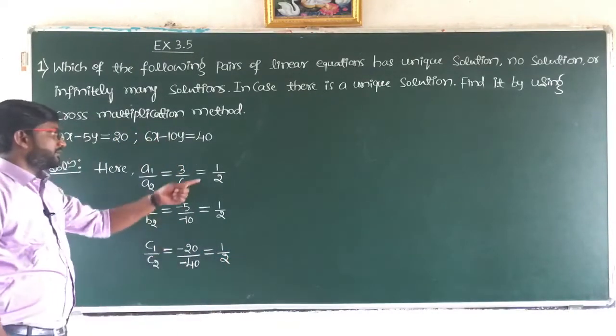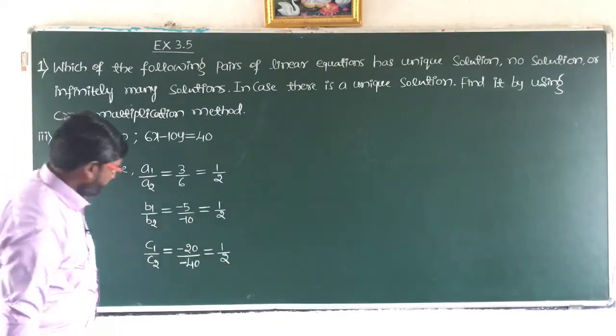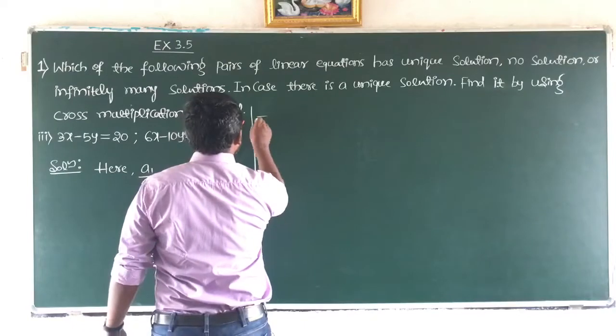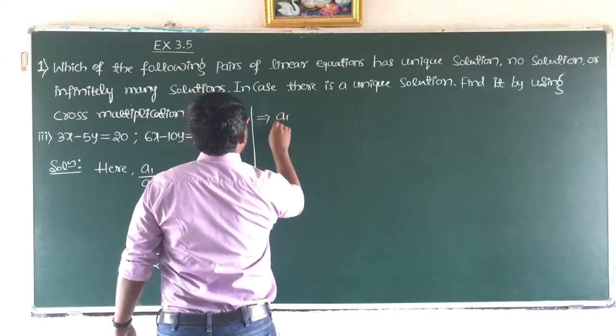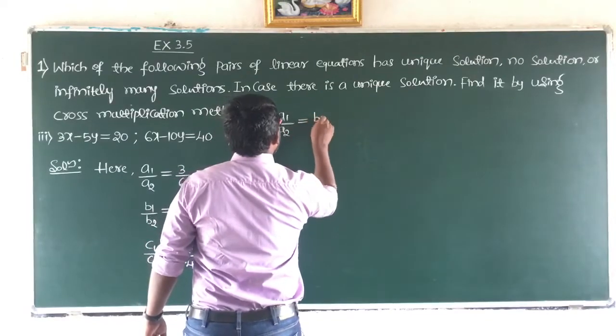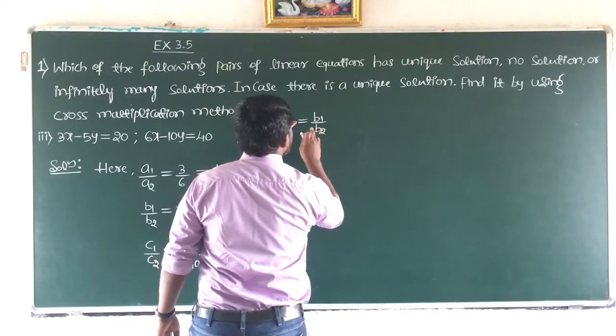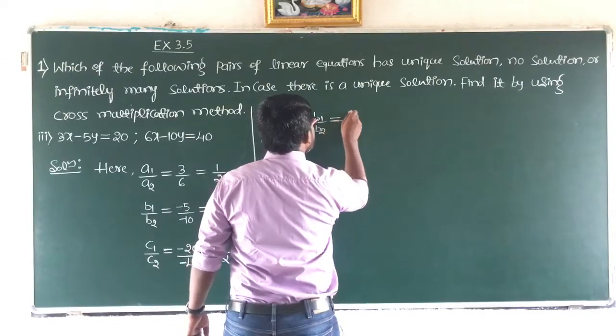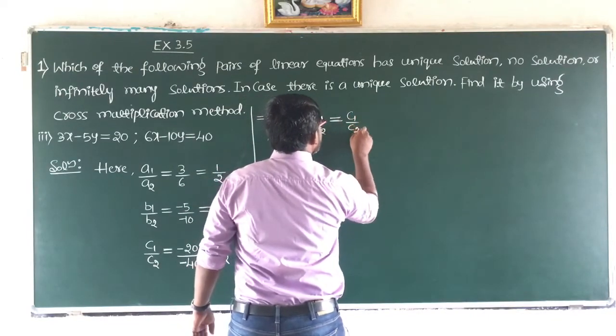So here all the three ratios are equal. This implies A1 by A2 is equal to B1 by B2, which is equal to C1 by C2.